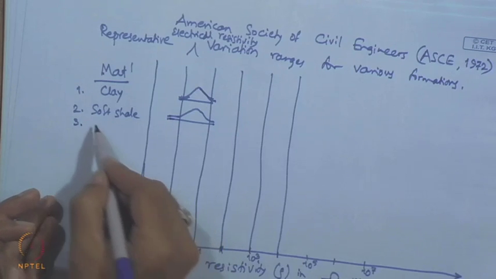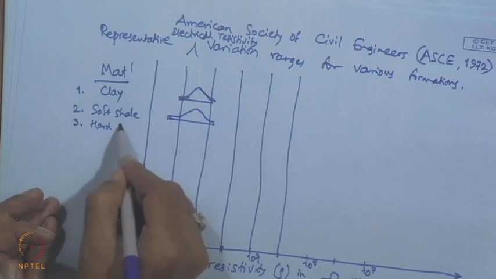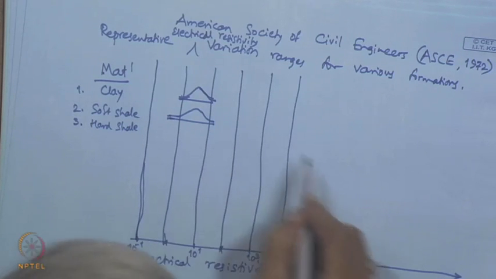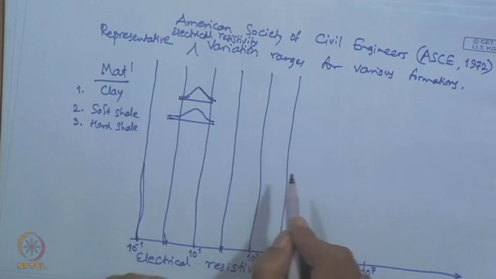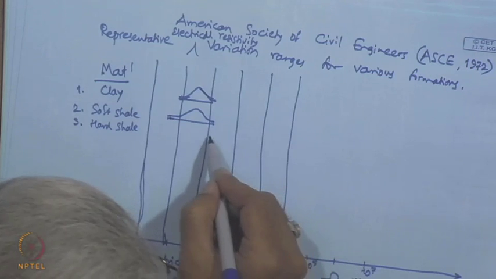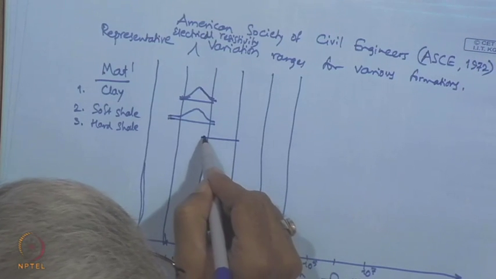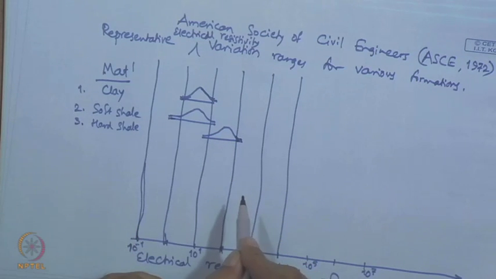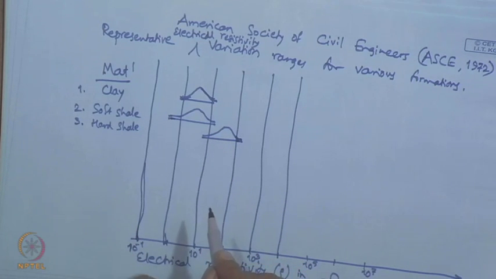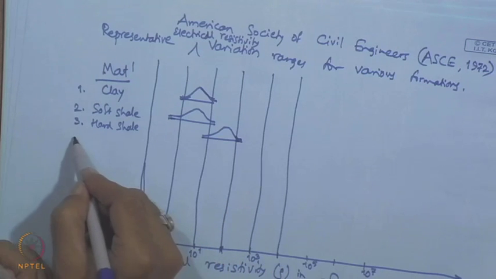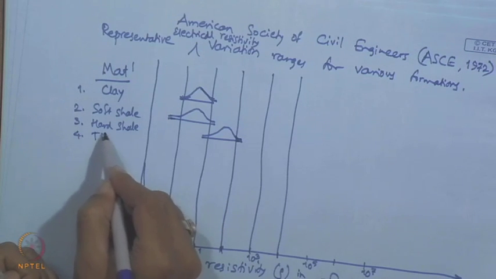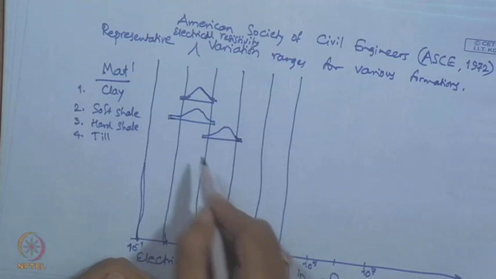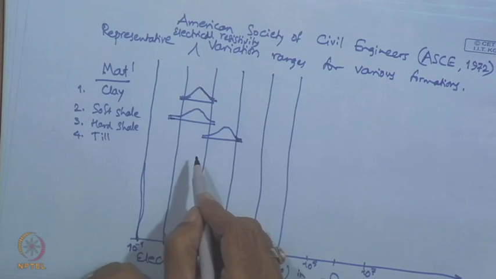Then followed by hard shale, which varies between 10 to the power 1 and 10 to the power 2, and shows a skewness to the right. Then the fourth one is the till, or tilled earth, which shows skewness to the left.